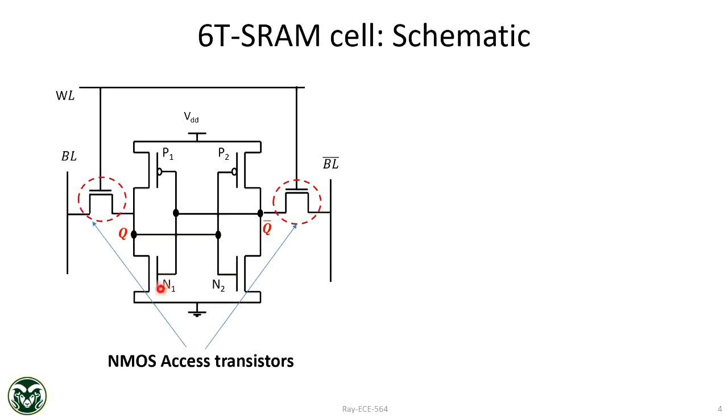So N1 is off because Q bar is 0. If Q equal to 1, that means Q bar is 0. If Q bar is 0, this turns off this NMOS, N1, because N1 is connected to Q bar. So for NMOS we understood, right? If Q equal to 1, this N2 is on, and that's how it will discharge this node Q bar.